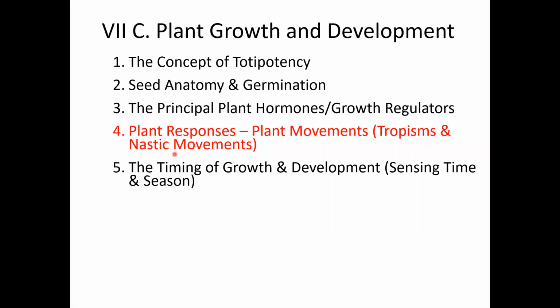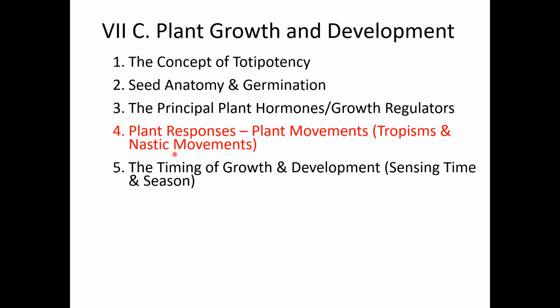Now, we're going to go into plant responses, plant movements, tropism, and nastic movements. This is away from the hormones, more in terms of responses. I've actually already told you a good bit of it in saying that a tropism, trop is Greek for change, and there are irreversible changes that take place.